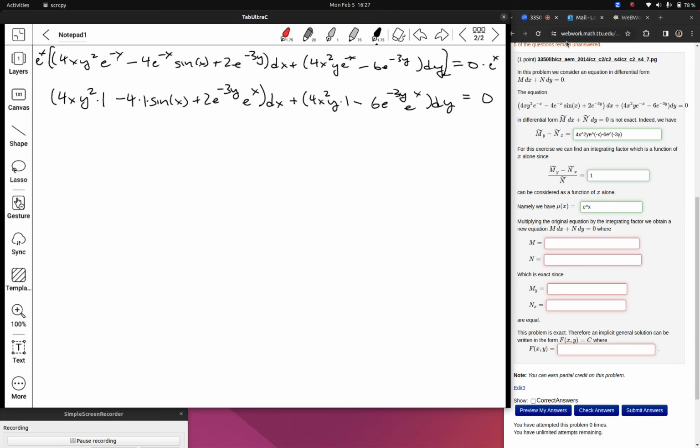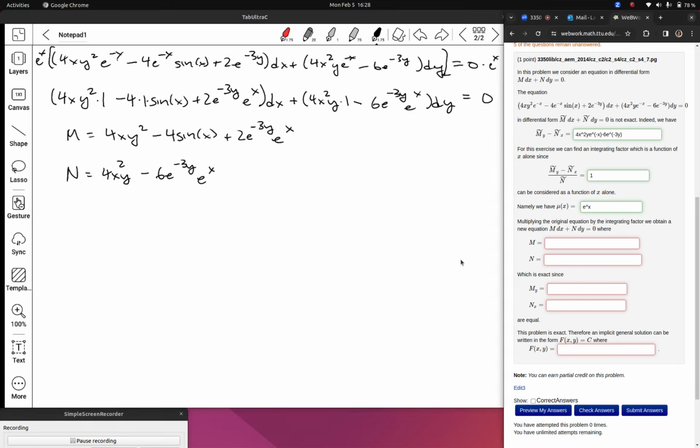So in this case, my M is going to be 4xy squared minus 4 sine of x plus 2e to minus 3y e to x. And my N is going to be 4x squared y minus 6e to minus 3y e to x. And then we're just supposed to type those in these boxes.